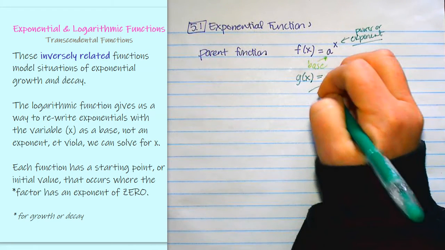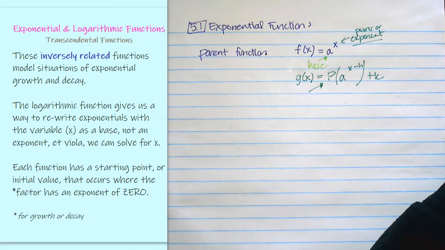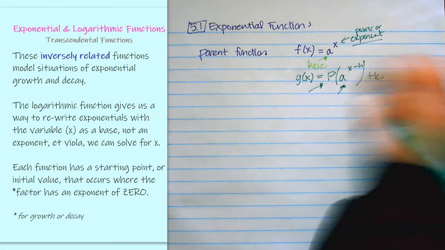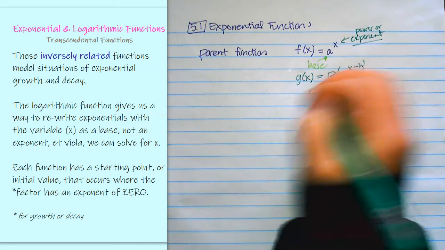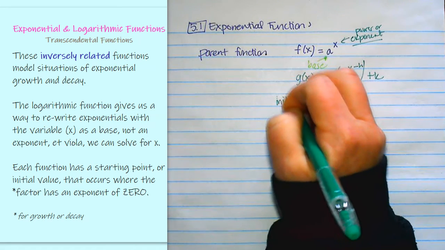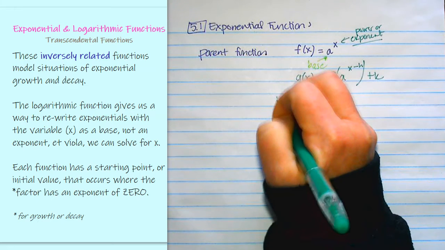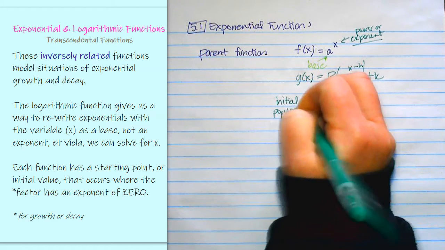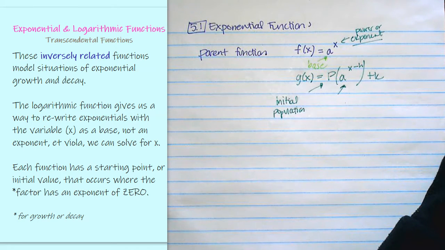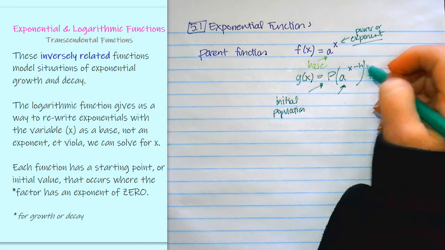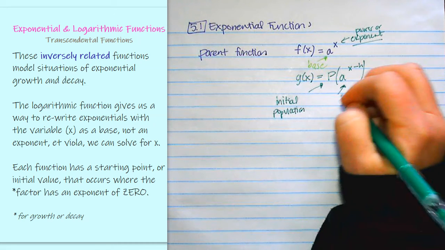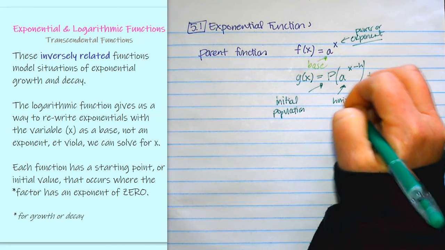So in this case, this number in the front, the p, we're going to call that our initial population. That's why I'm calling it p. And this is the part that's the exponential function. It's also principal when you're looking at interest problems. Up here, this x minus h is a horizontal shift.